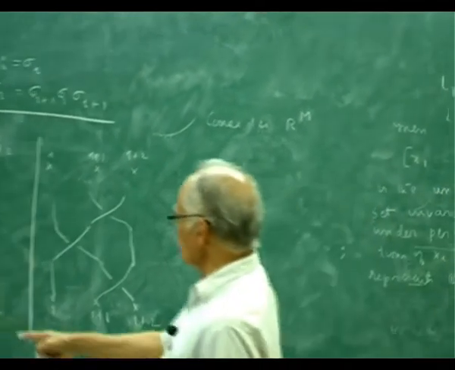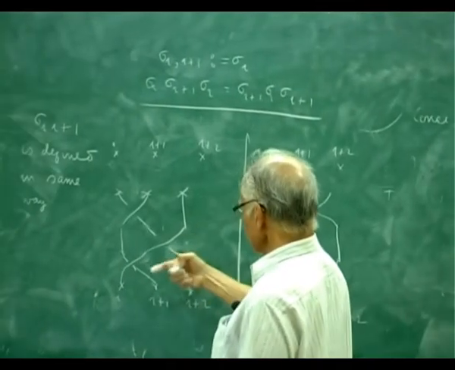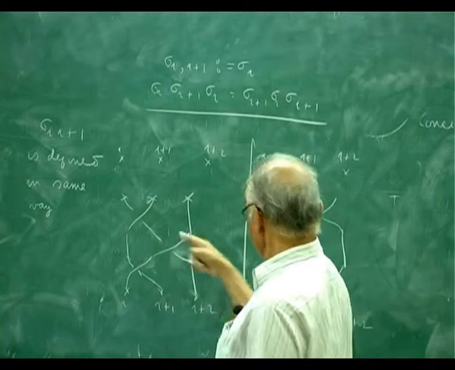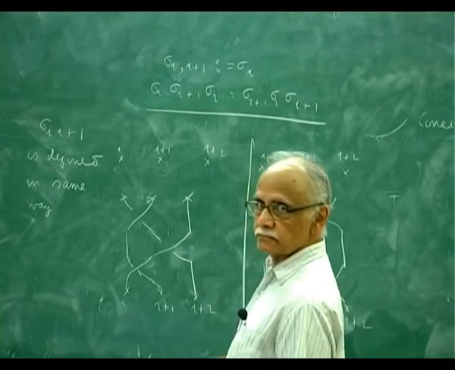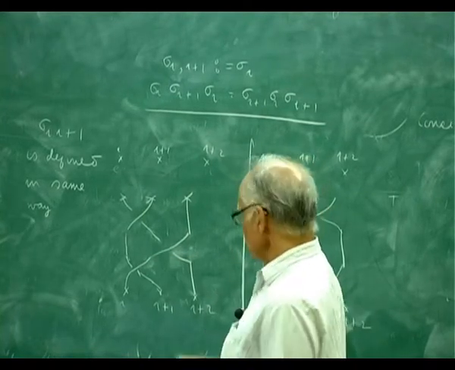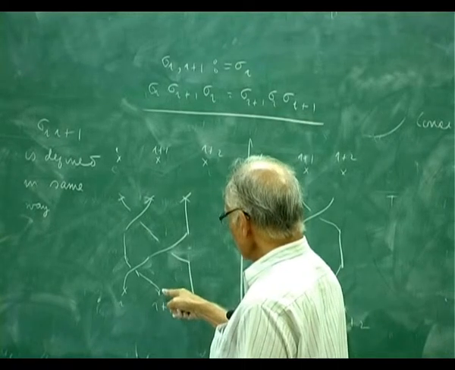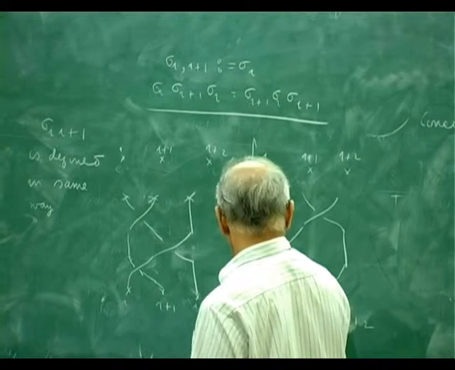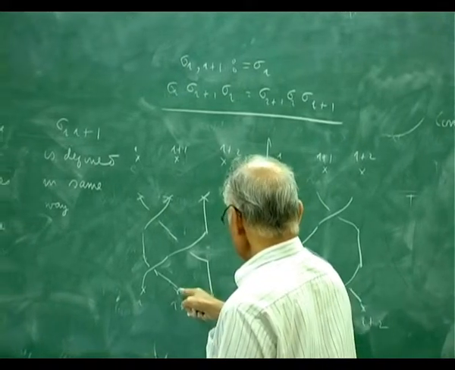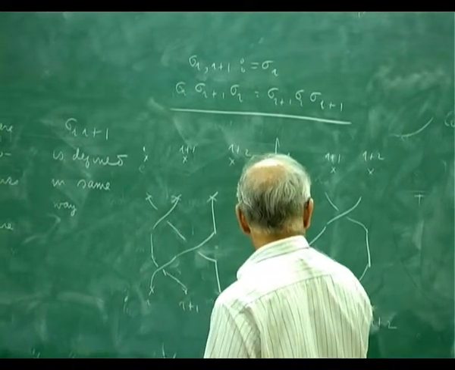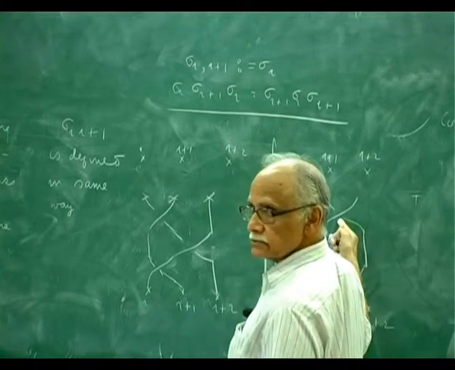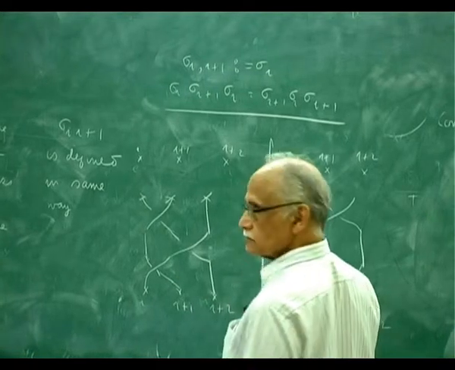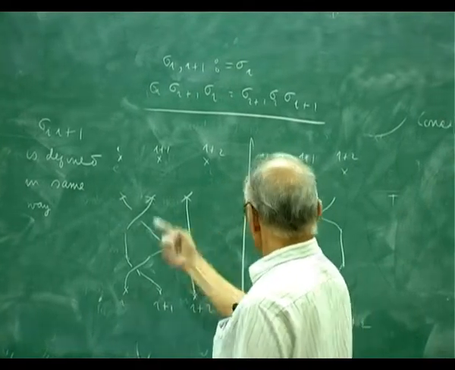For example, this loop goes over both the others, and this one goes underneath the one from i, and the last one goes underneath both.